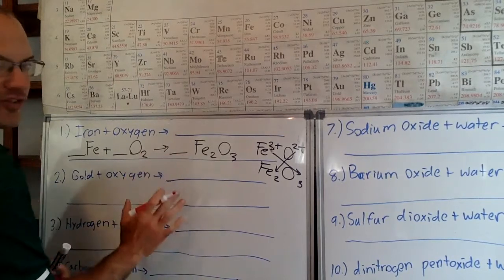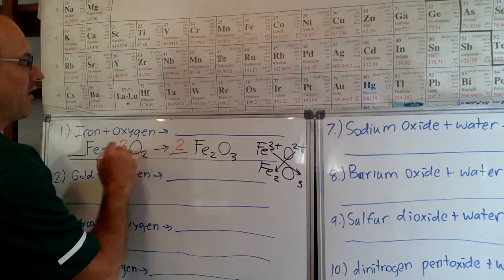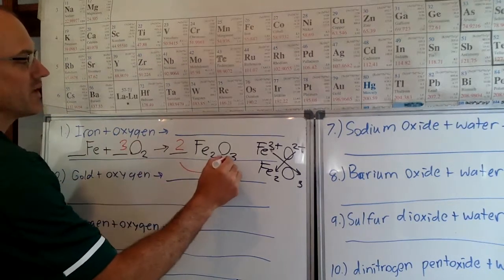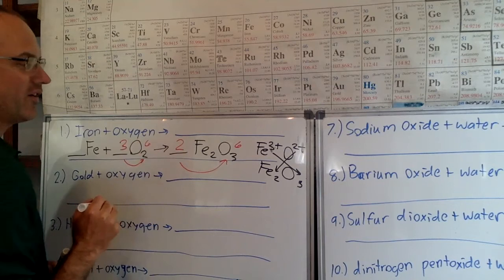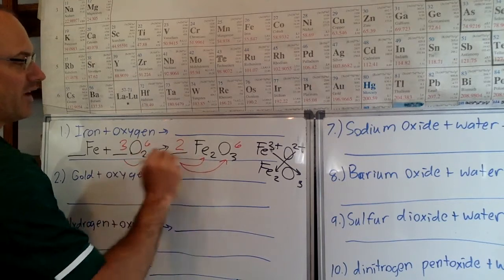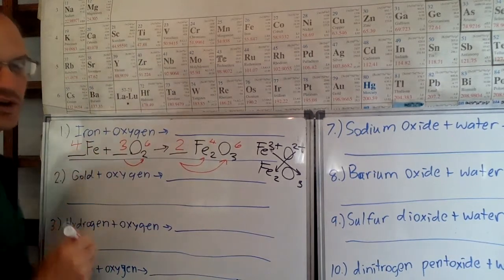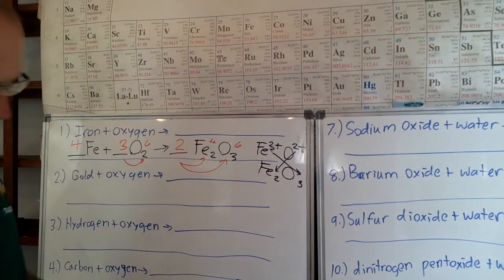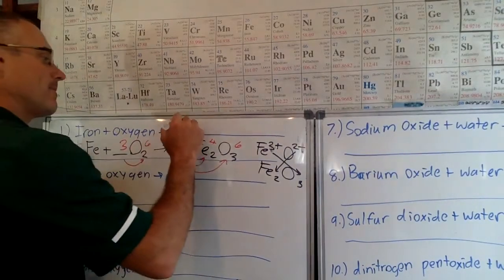The oxygens are the big hang up because we do need to make sure that they are equal. So 2 times this one gives me 6, 3 times the 2 over here gives me 6, but now my iron has 4. So we do need to come back and get the 4 on that side. And this here is just iron oxide.